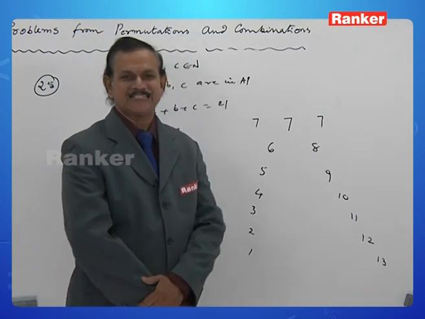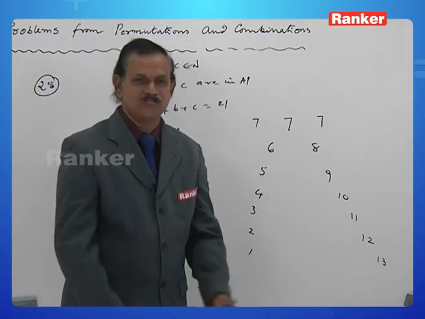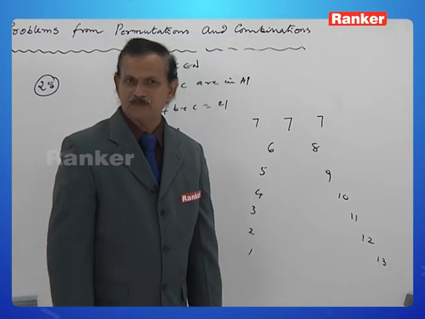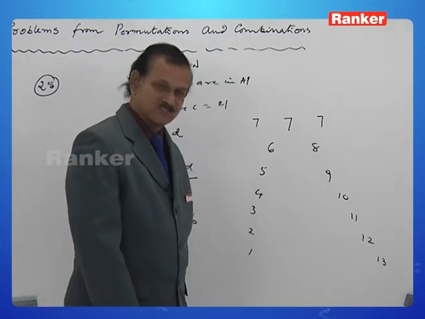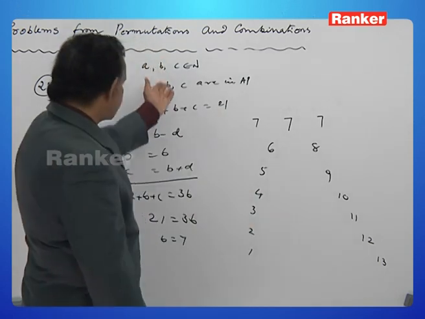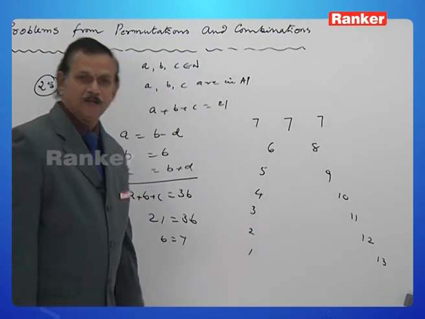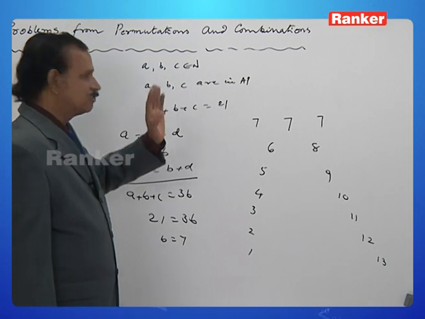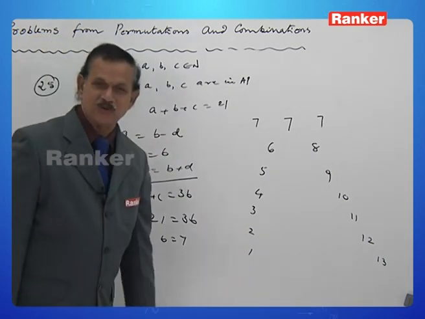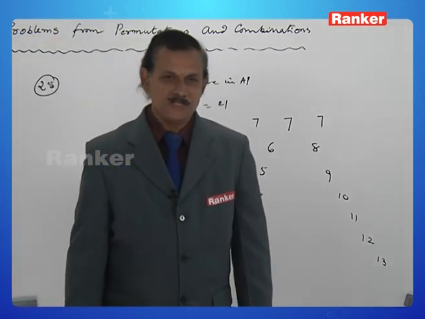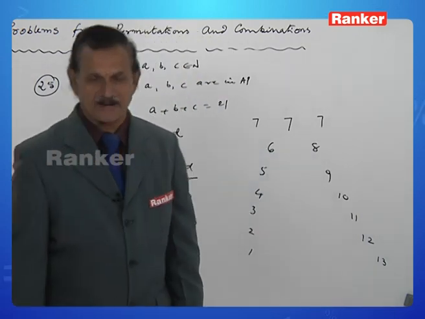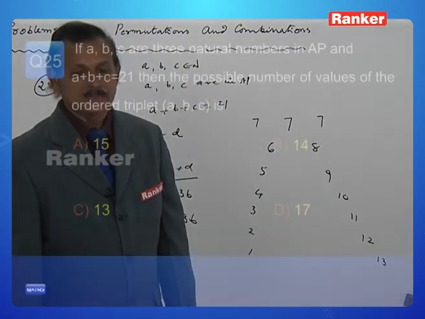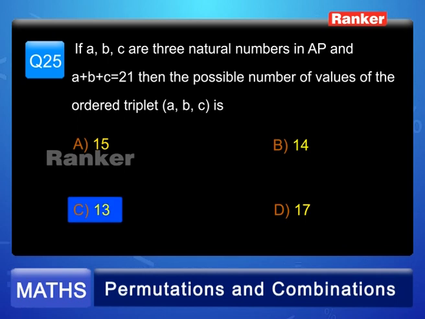Therefore, 13 triplets you can construct such that these 3 conditions are satisfied, namely ABC must be natural numbers, ABC are in AP, and A plus B plus C is 21. Therefore, the correct answer among the given options is option C, that is 13.